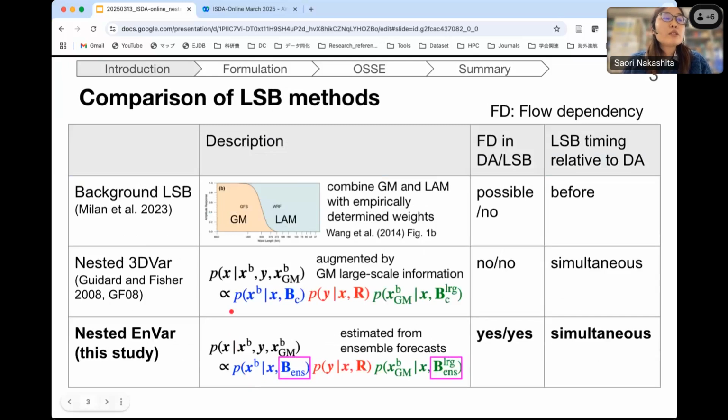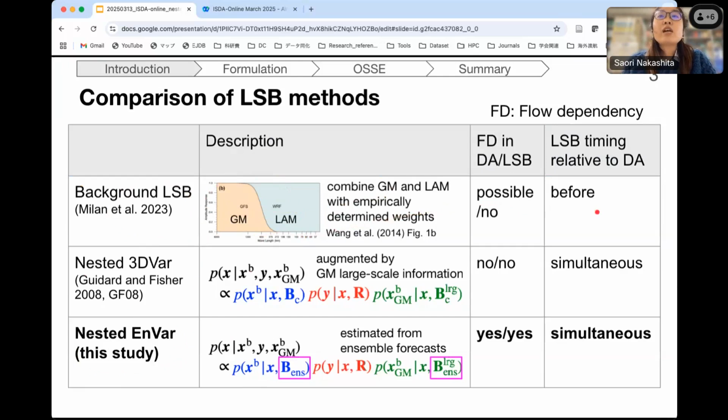And this table describes the traditional LSB methods compared in this study and highlights the originality of our proposed method, nested EnVar. The background LSB scheme used in the Met Office is independent of DA and combines GM and LAM with empirically determined scale-dependent weights.